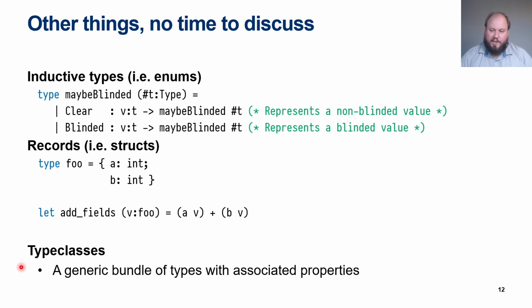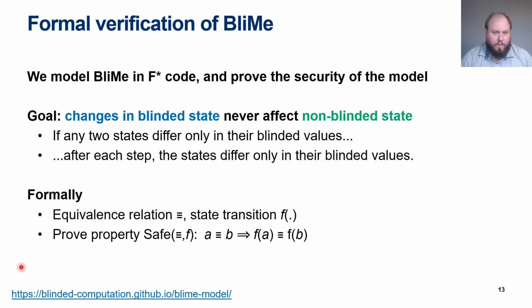But this was some general information about F star, so let's look at how we applied this to prove properties about BliMe. So the idea is that we model BliMe in F star code, and then we prove the security of this model. So the goal is that changes in this blinded, tainted state, so changes in the data that is marked as sensitive, have no effect on data that is not sensitive.